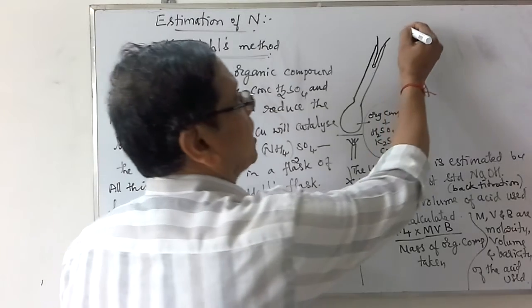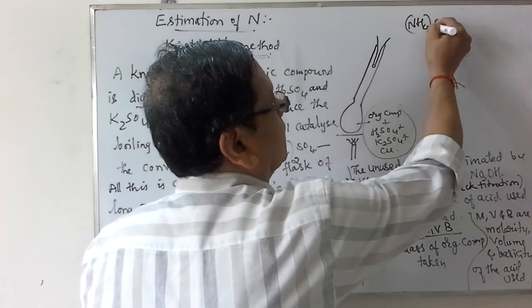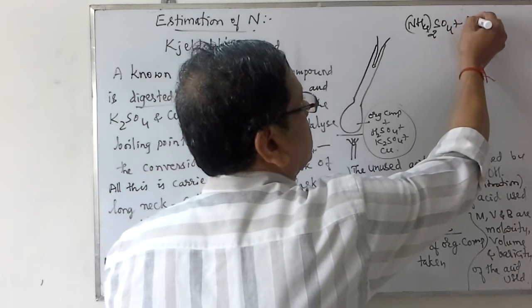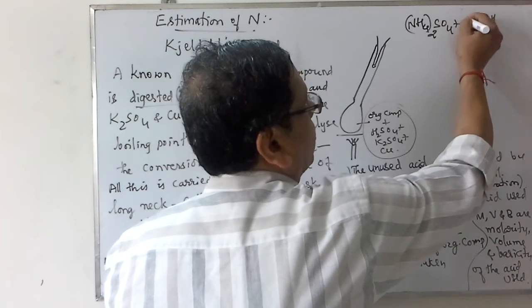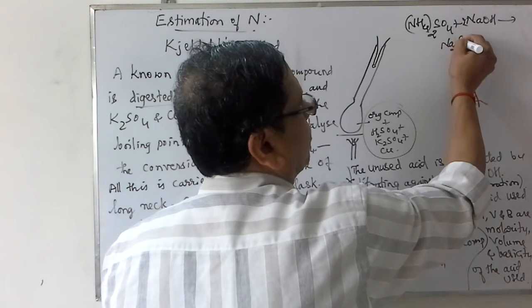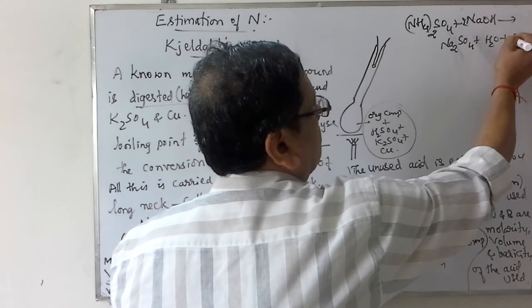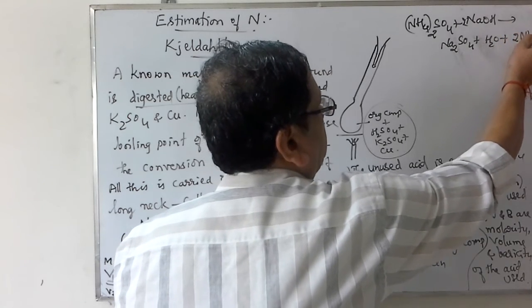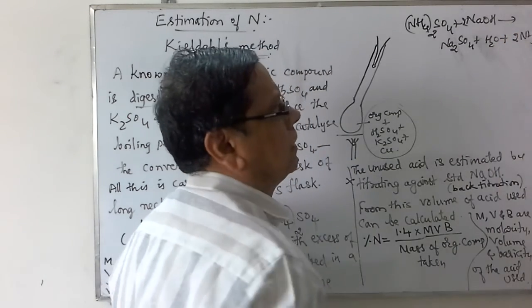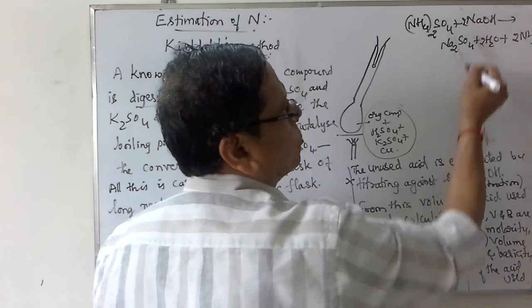So this ammonium sulfate produced is heated with sodium hydroxide solution, NaOH. It will give rise to Na2SO4 plus water plus 2 ammonia. To balance this, we have to use 2 H2O.